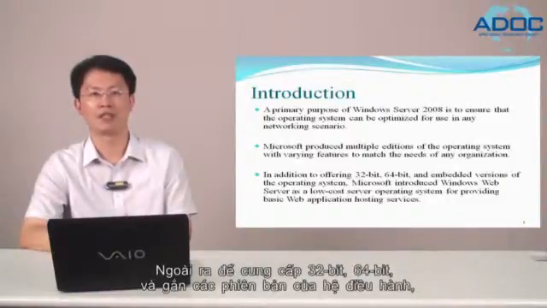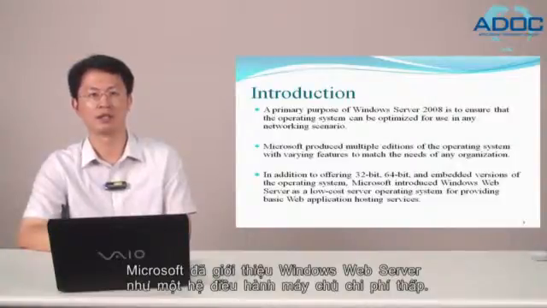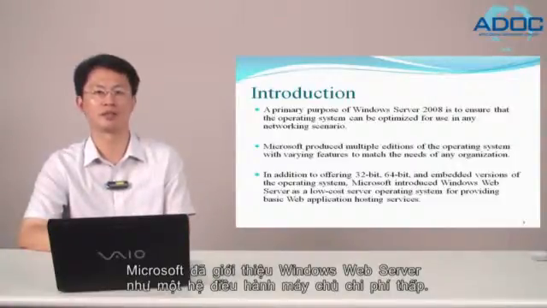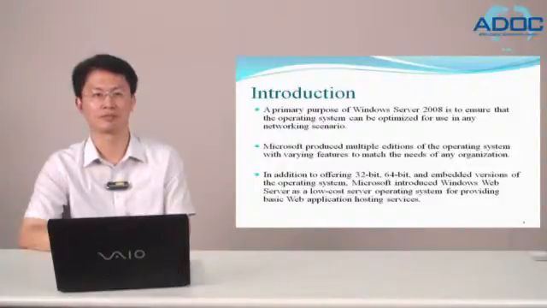In addition to offering 32-bit, 64-bit, and embedded versions of the operating system, Microsoft introduced the Windows Web Server as a low-cost server operating system for providing basic web applications hosting services.